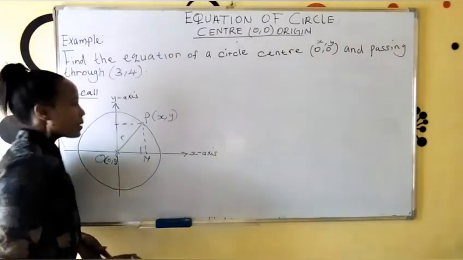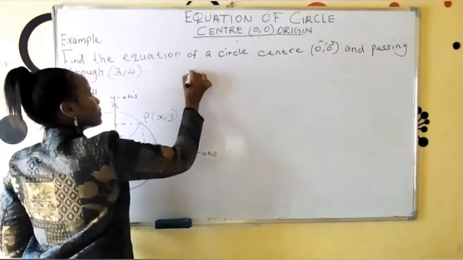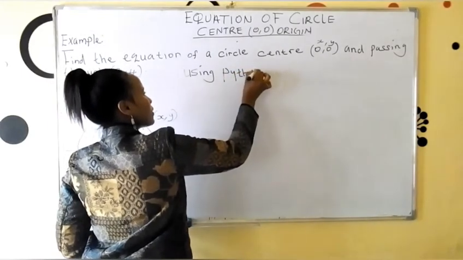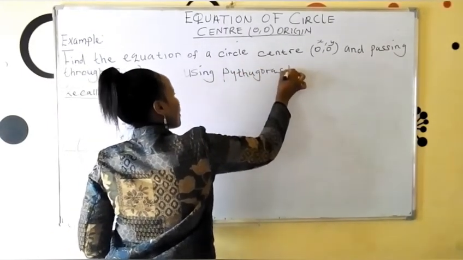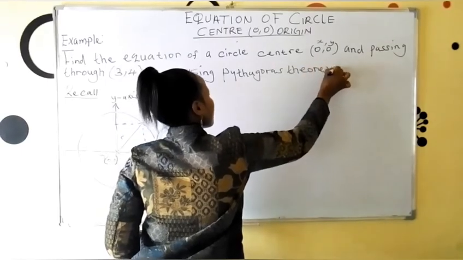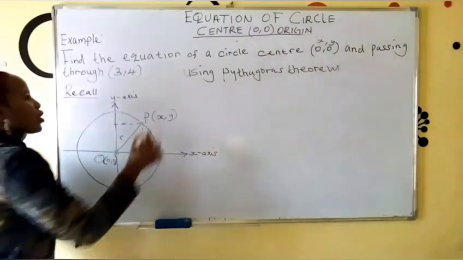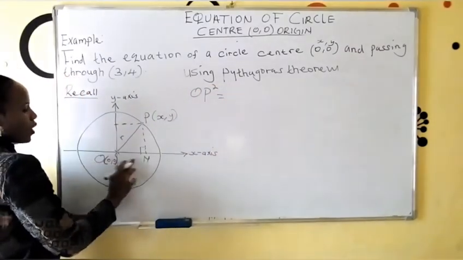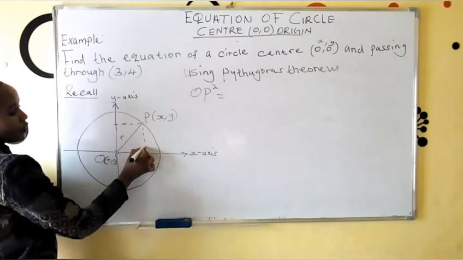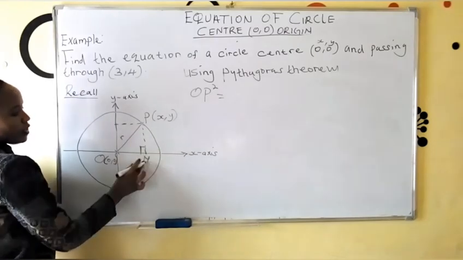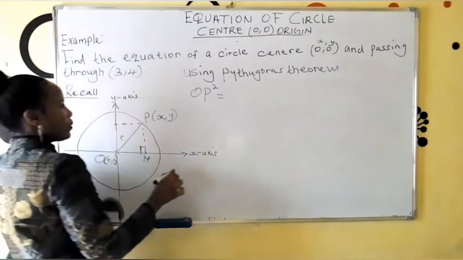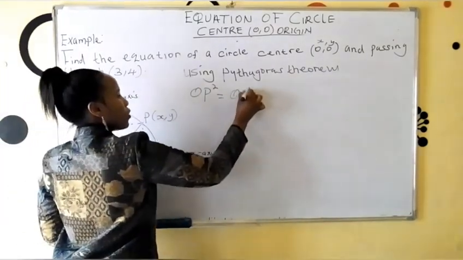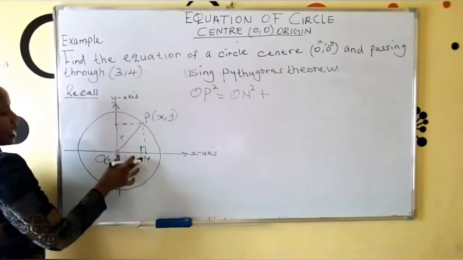Now, if we can remember, using Pythagoras theorem, OP squared is equal to ON squared, because this is the hypotenuse of this right-angled triangle at N. So OP squared will be ON squared plus NP squared.